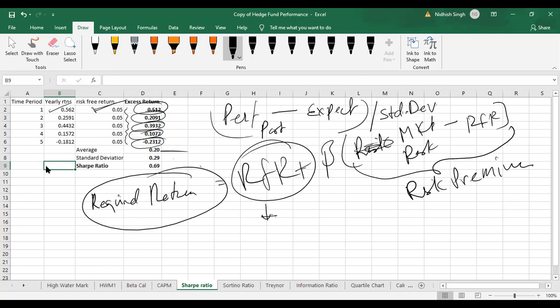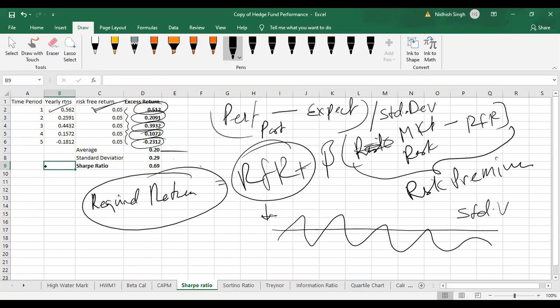Standard deviation is what? If I have to talk in a very layman sense, standard deviation is a fluctuation of my performance, right? So if my performance has a fluctuation, then there will be one common line between that, which will show the standard deviation, like how frequently or how much up and down my portfolio has.